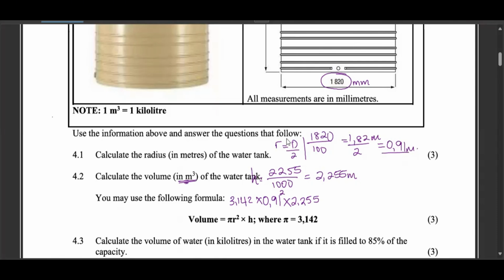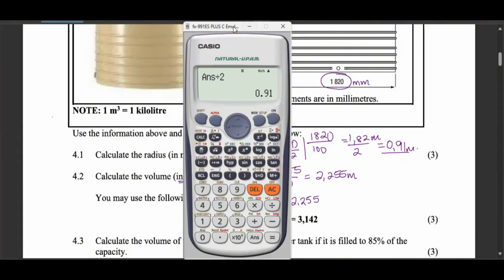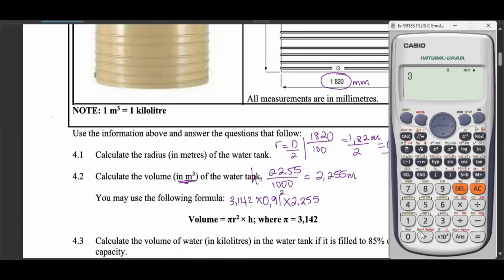Okay, now at the moment, let's put this in the calculator. We shall say 3,142 times 0,91 squared. Don't worry, even though you don't put a 0 here, it will calculate out. A 0 in front means nothing. So multiply by 2,255 equals.